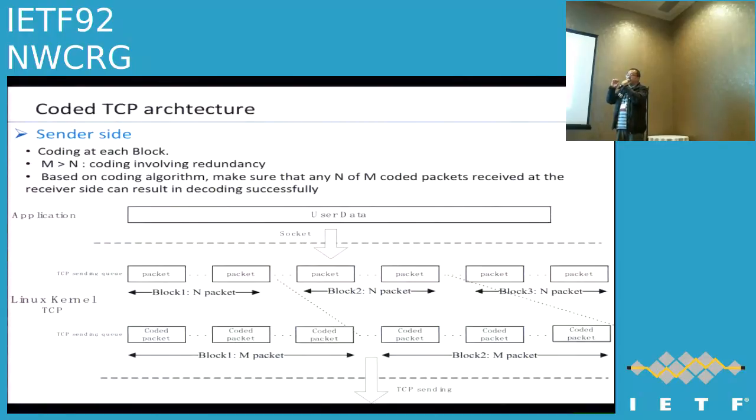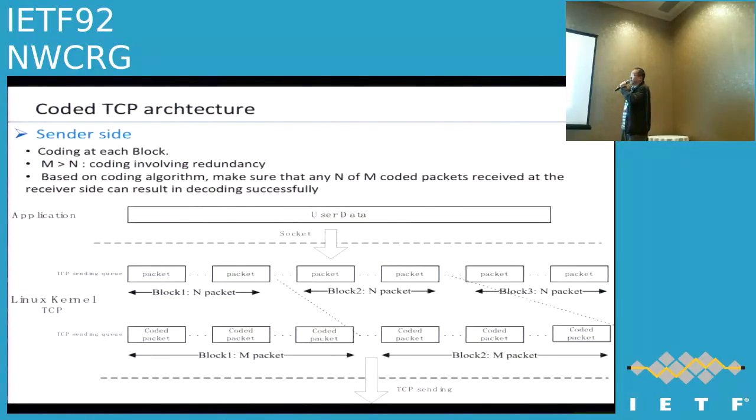This is a standard-side implementation. We add a coded TCP layer between the application and the traditional TCP layer. When we receive user data from the application layer, we first buffer it in the encoding buffer, which consists of coding blocks.